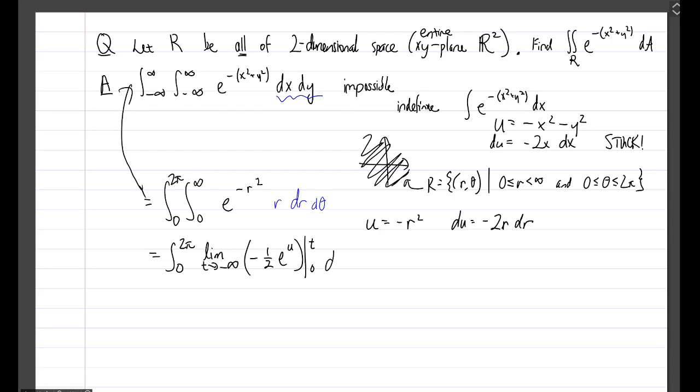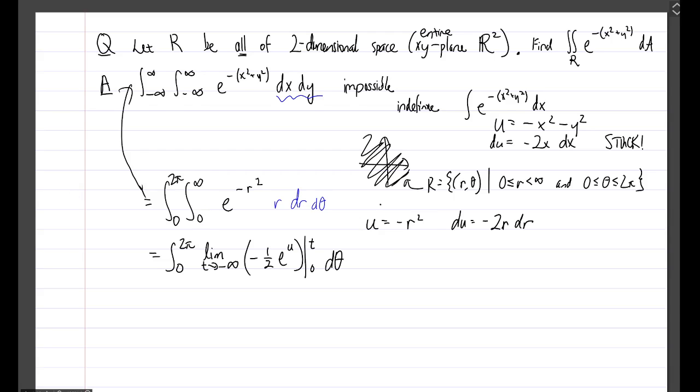A couple of comments are in order. Why is this negative infinity? It's because t is really a u value. The substitution made u go from 0 to infinity.